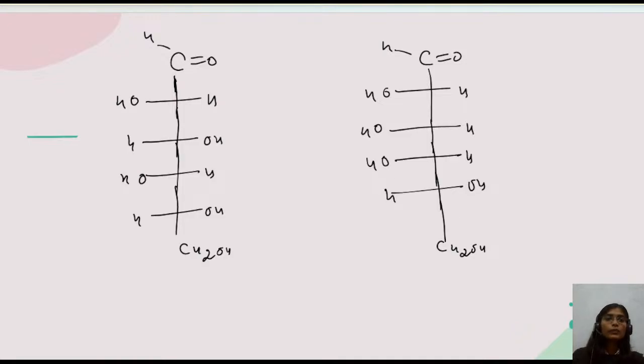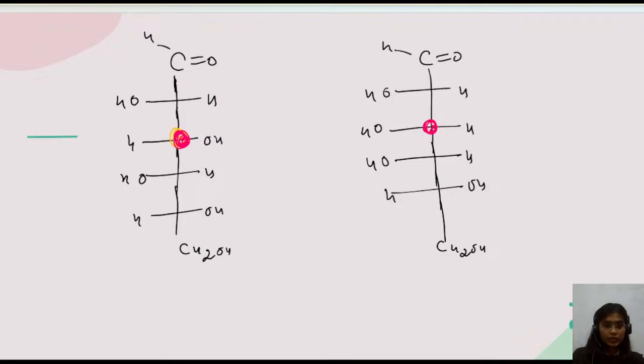Okay, look at both the structures here. Let me highlight this point. This point and this point, all are the same.